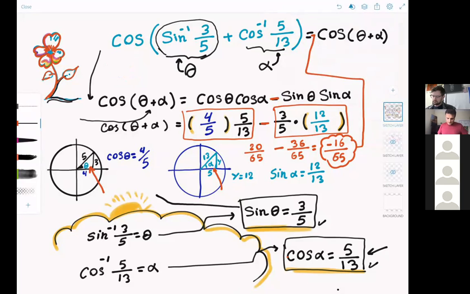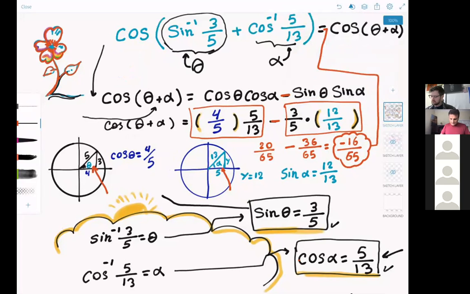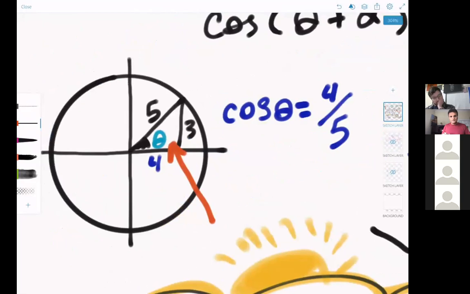No. So this theta here, you see, is positive, correct? Cosine of that is positive. So we had cosine of theta plus alpha. Cosine in this quadrant is positive. Then we have another angle like alpha.